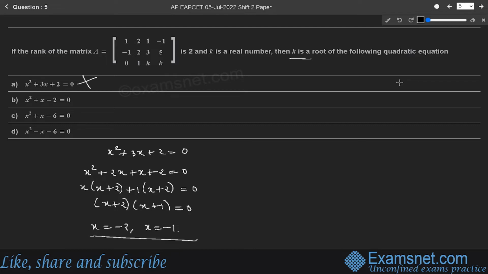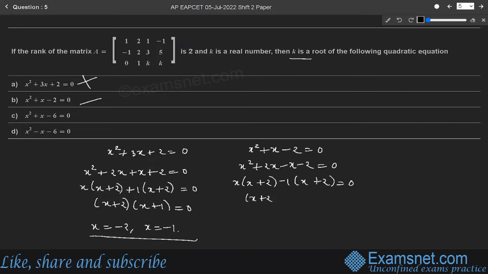Now let us look at the second option. Second option is x square plus x minus 2 is equal to 0. On factorizing it, it will be x square plus 2x minus x minus 2 by splitting the middle term. Taking x common here, it will be x plus 2. Taking minus 1 common here, it will be x plus 2 is equal to 0. So the factors will be x plus 2 and x minus 1 is equal to 0.